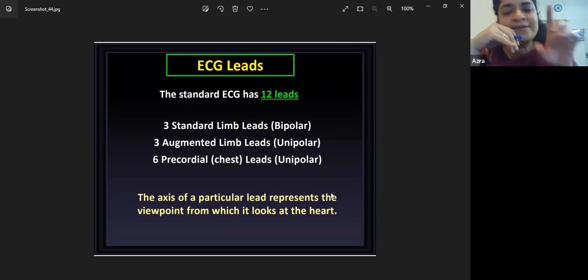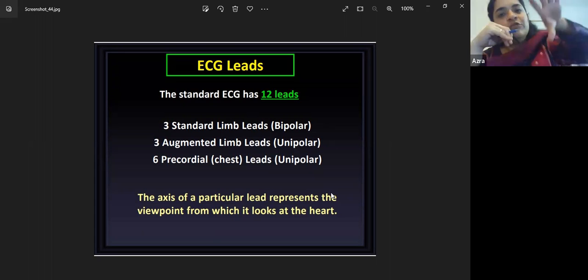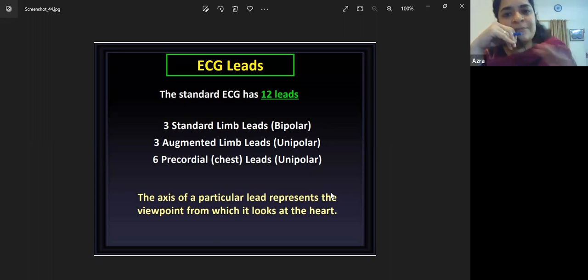In most labs 12 leads are used, not 10 leads. But sometimes if you reduce two leads, the 10 leads can work very well and give the proper 12-lead performance and result, because in the ECG everything will be shown.